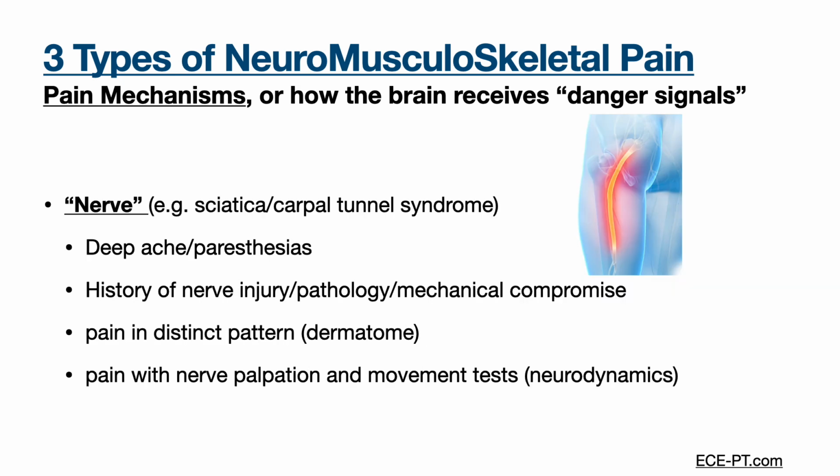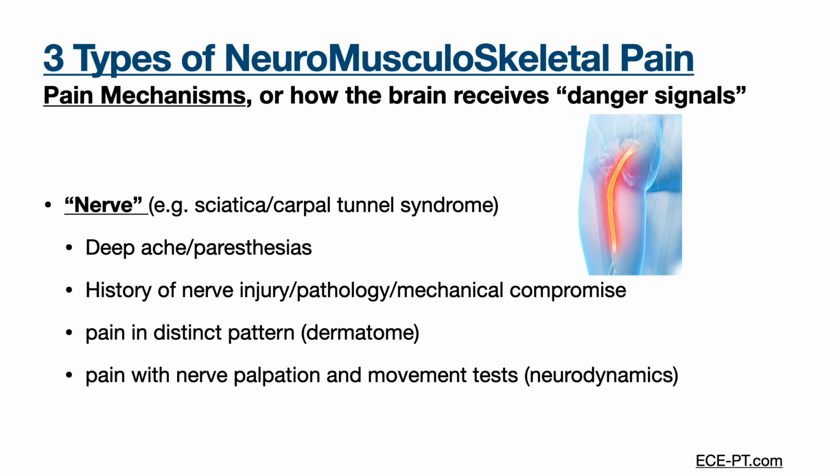The next category is nerve pain, technically called peripheral neuropathic. And so there are telltale signs of this. And when you think of this type of pain, think of sciatica. Think of that deep, achy feeling you get in your thigh, maybe going from your butt cheek down your thigh. Sometimes you get numbness or tingling.